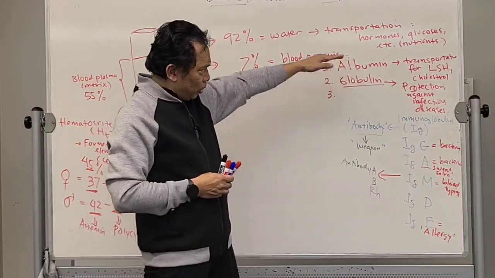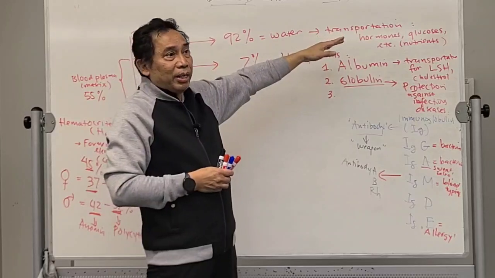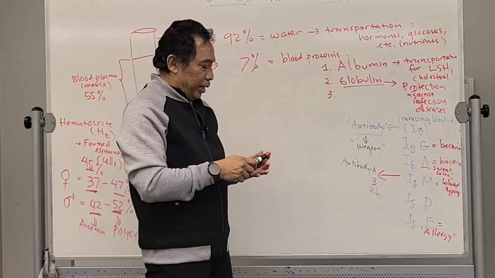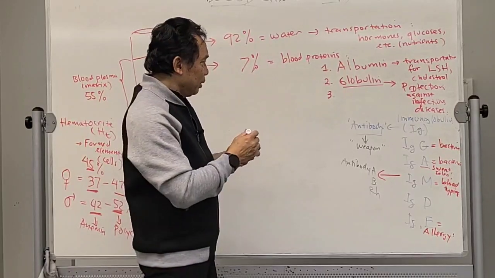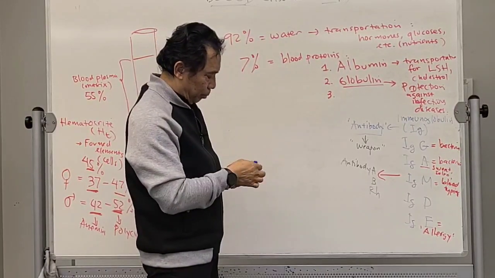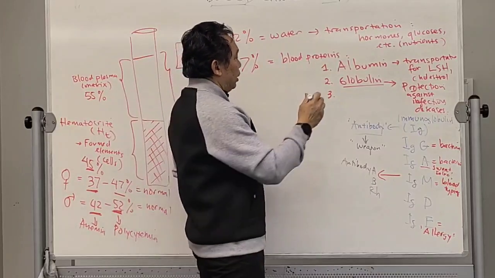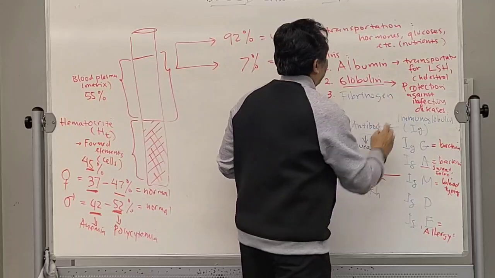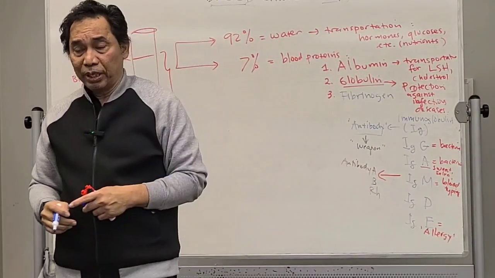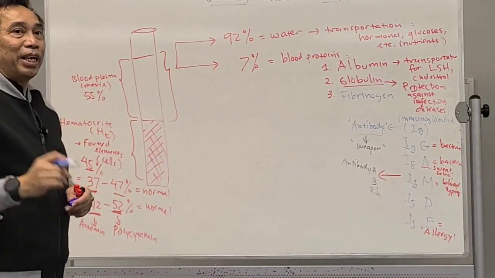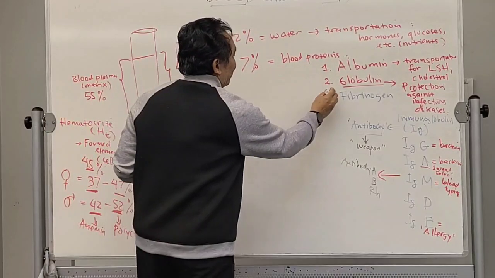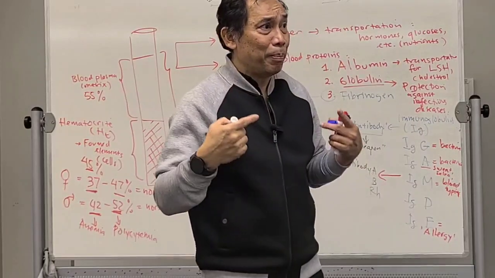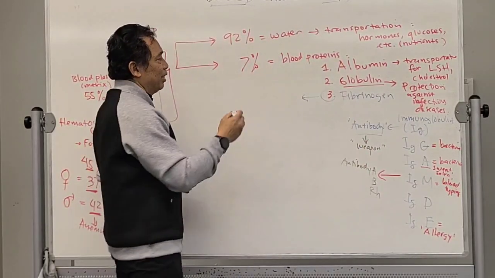Now you see there are two functions already: transportation, and protection against disease. Okay. The last one is called fibrinogen. That's the last type of protein in the blood. Now, what is the function of fibrinogen? This is the one that will clot the blood, so it actually protects us against bleeding, loss of blood.